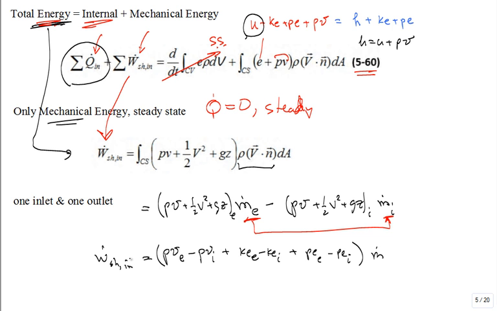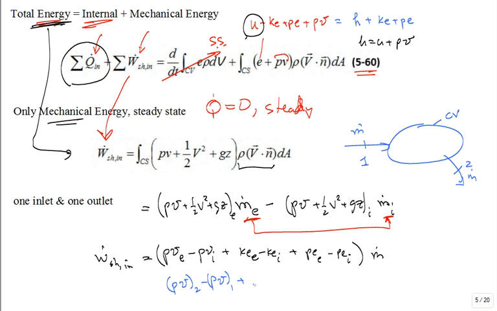So if I have some fluid flow going through a system, control volume, comes in, mass flow rate, goes out, mass flow rate, state 1 on the inlet, state 2 on the exit, then it would be like PV2 minus PV1 plus, then you have the KE2 minus KE1 plus PE2 minus PE1, true? All times mass flow rate equal to W dot shaft.